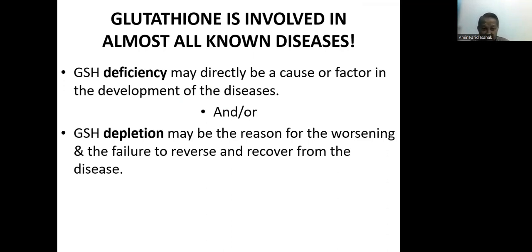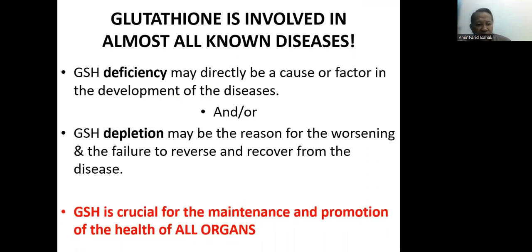Glutathione is involved in almost all known diseases. Glutathione deficiency may directly be a cause or factor in the development of the diseases, or glutathione depletion may be the reason for the worsening and failure to reverse and recover from the disease. Glutathione is crucial for the maintenance and promotion of the health of all organs, and therefore for our continued health, for our healthy aging, and for our longevity.